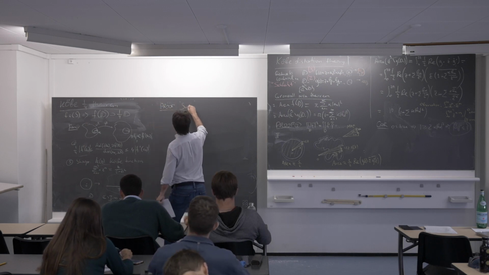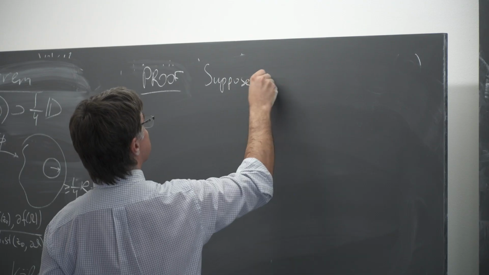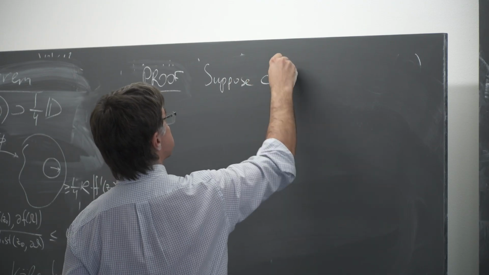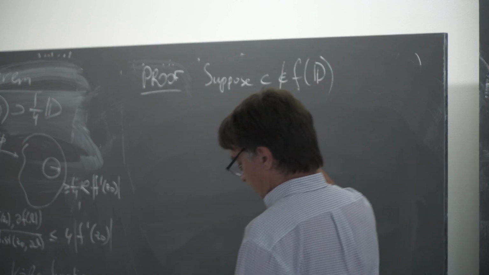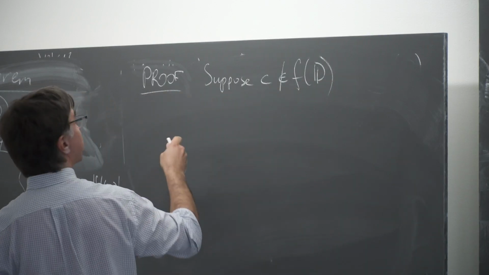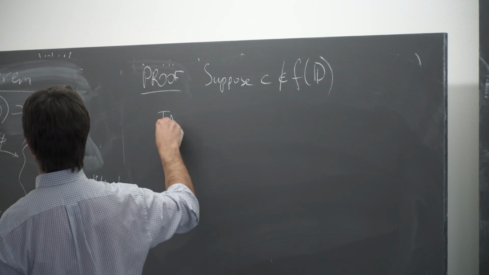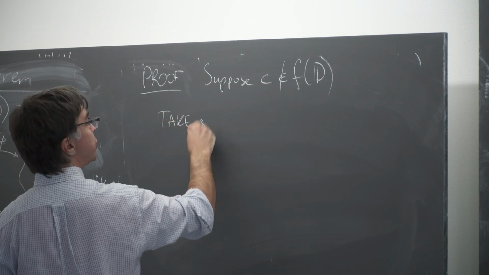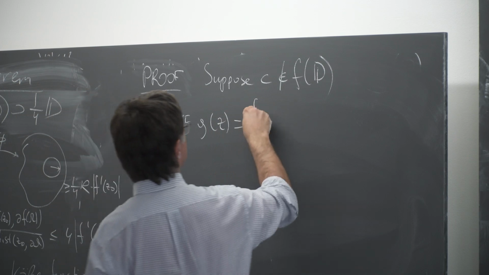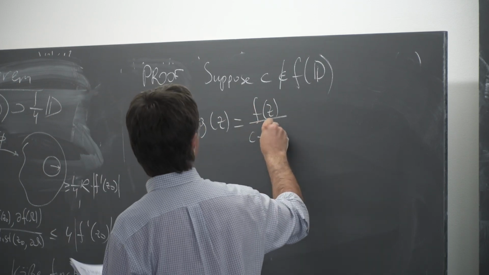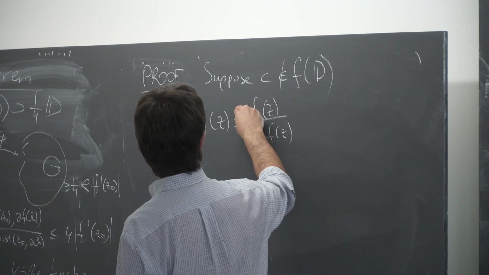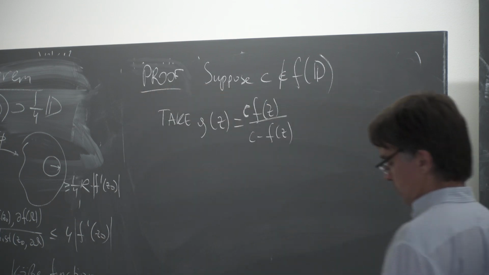Suppose point c does not belong to the image. Take g of z equal to c f of z divided by c minus f of z.